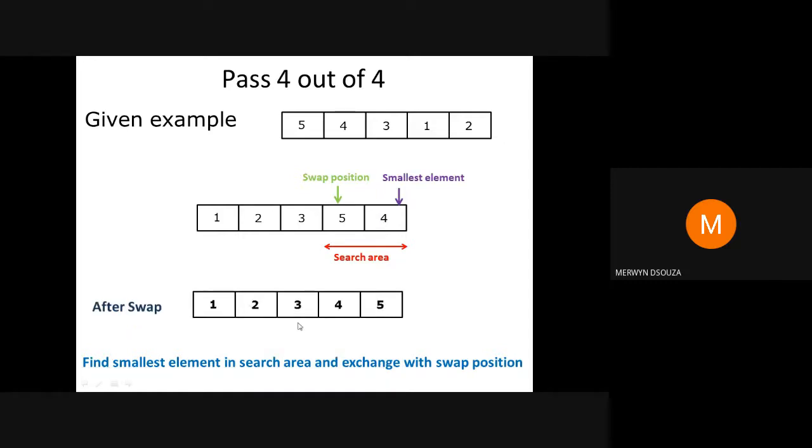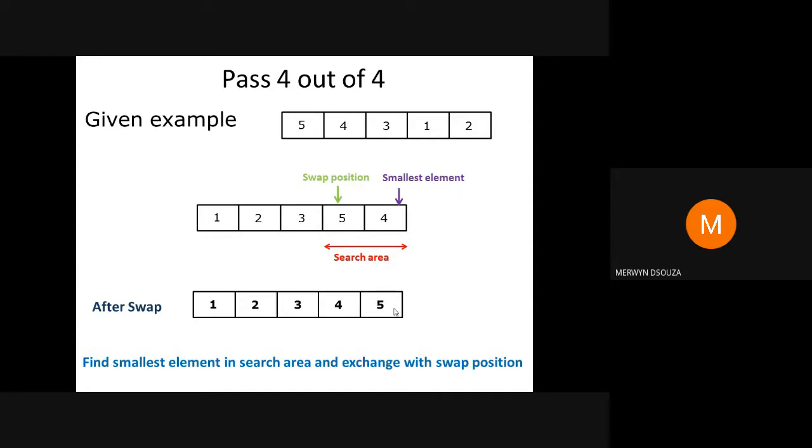After swapping, you get the sorted array in ascending order. Like I told you at the beginning, we needed 4 passes since there were 5 elements. If there are n elements, you require n minus 1 iterations. This is how selection sort works.